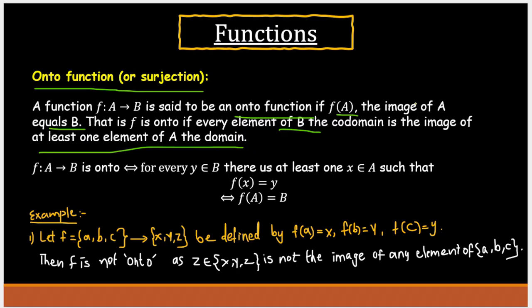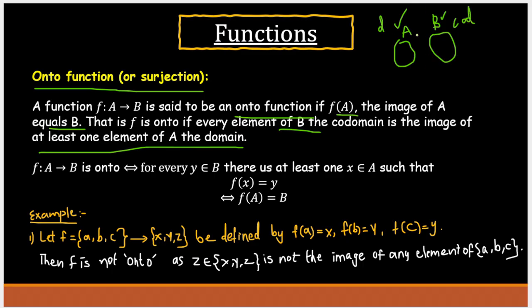Here what it says is, we have two sets, A and B. From the definition of function, we can say that set A is the domain and set B is the codomain.